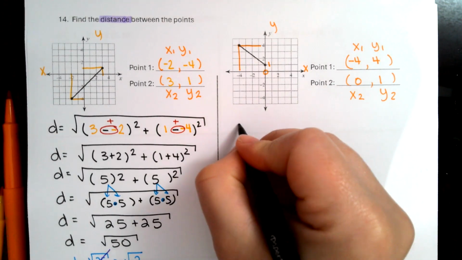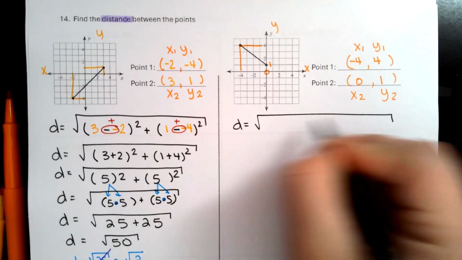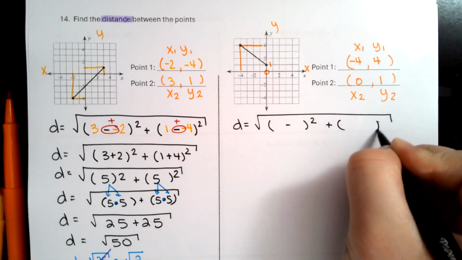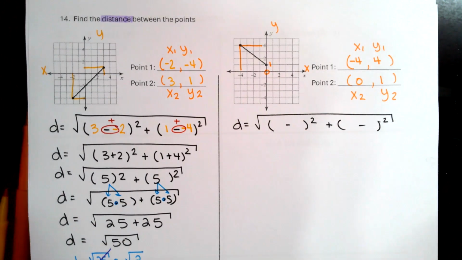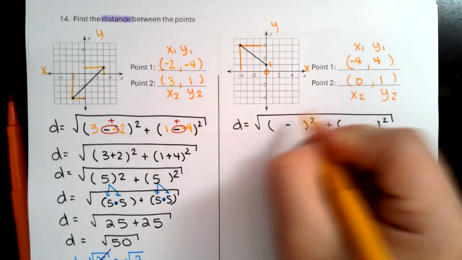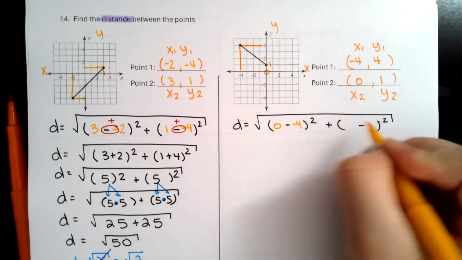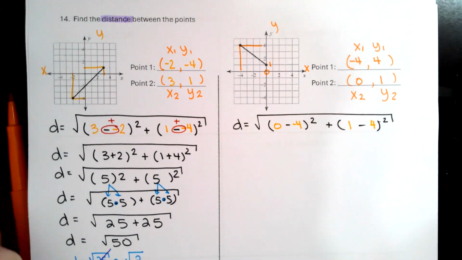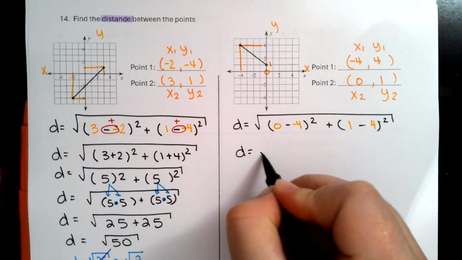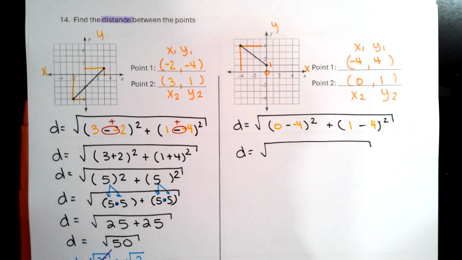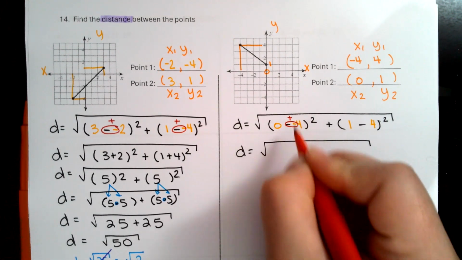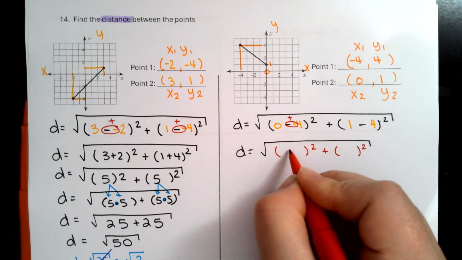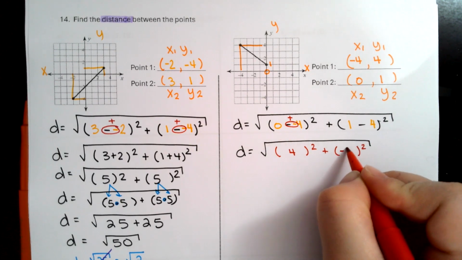More practice. So D equals the square root. We're just going to go a little bit faster. We did do this one a few moments ago. Put a minus in there, square it. Okay, x2 minus x1. So make sure we get the same answer, right? Because it's the same question. Y2 minus y1. Double negatives, yes. So we get 0 plus 4 is 4. 1 minus 4 is negative 3.